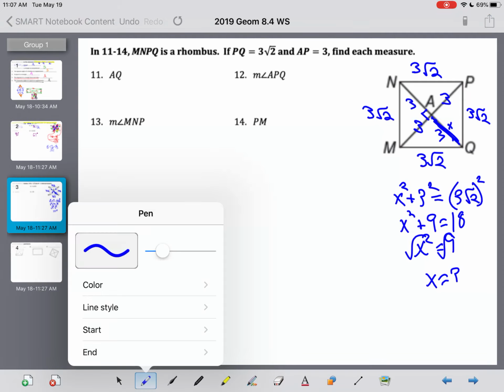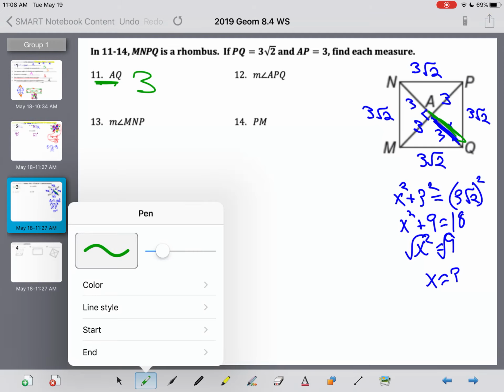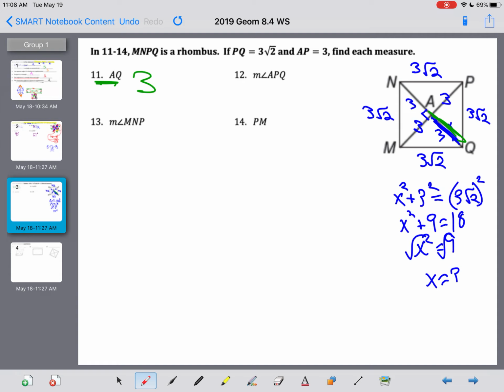So switching over here. AQ is going to be 3. Angle APQ, so we're looking at this angle. Now if this is a right angle and this is the same as this, these are the same, so this has to be 45 degrees.